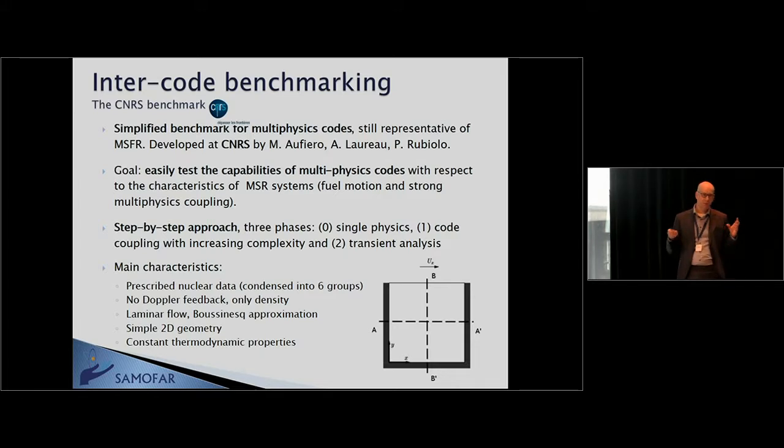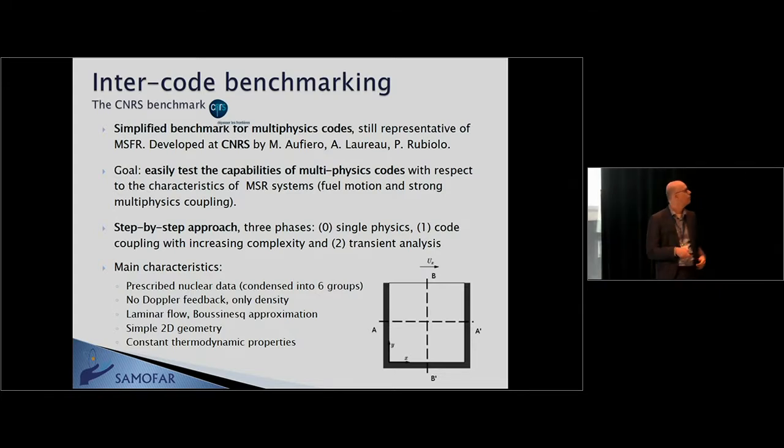So it has most of the features that you would normally see in the large MSFR, but now restricted to a, let's say, very simple design. So it's a very simple 2D case, but it contains all of the feedback effects that you would normally also have. It has precursor flow, so it's a very good test to look into your codes.